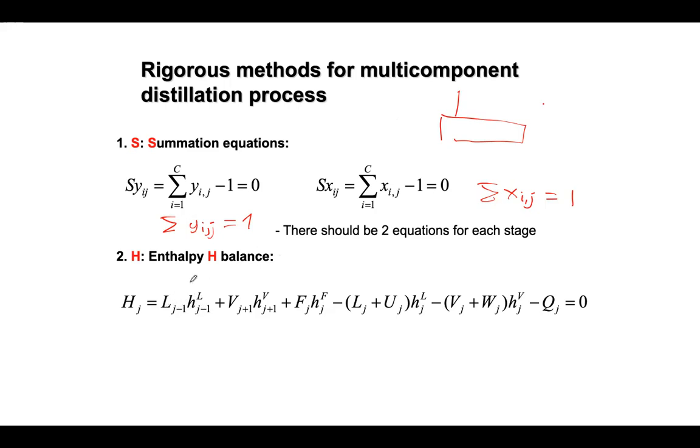For example, L with the enthalpy of the liquid in this stream, V multiplied with the enthalpy of the vapors, feed with the enthalpy in the feed, and this one is the side stream, the liquid out, with the enthalpy of the liquid, and also Vj and Wj with their enthalpy, and also Q if applicable. For example, in the boiler and in the condenser, there should be the Q that must be supplied or must be drawn, and then we put the Q as well.